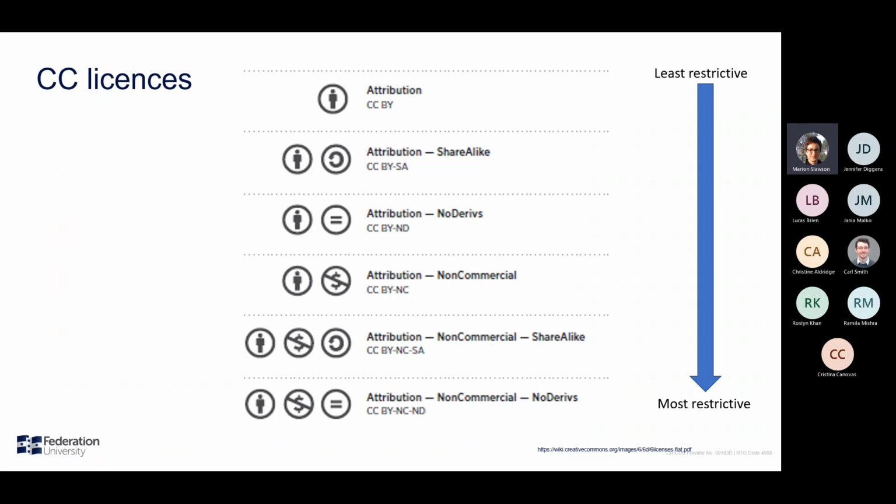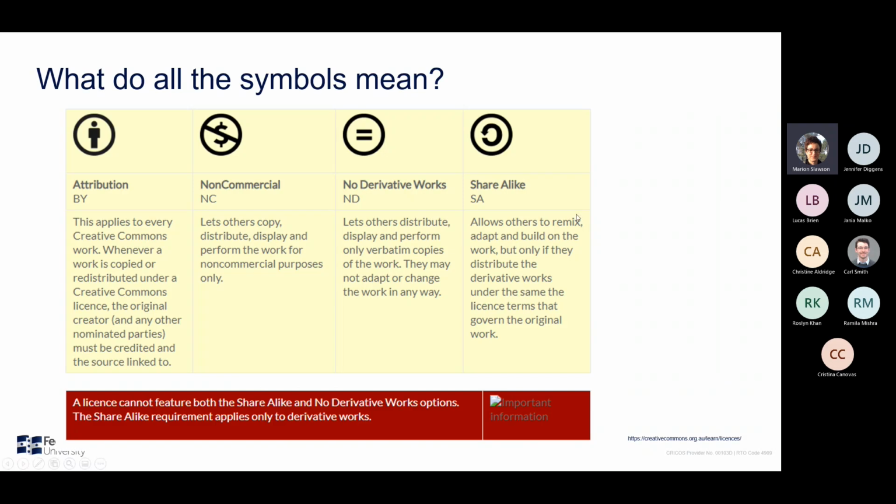And then the final one, this sort of remix symbol, is share alike. This one allows others to remix, adapt, and build on the work, but only if they distribute the derivative works under the same license terms that govern the original work.